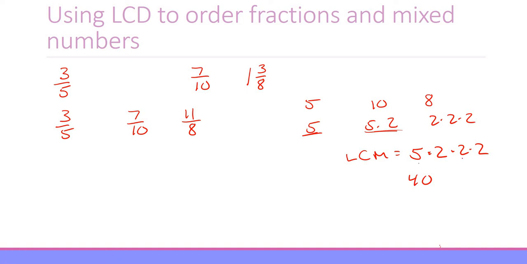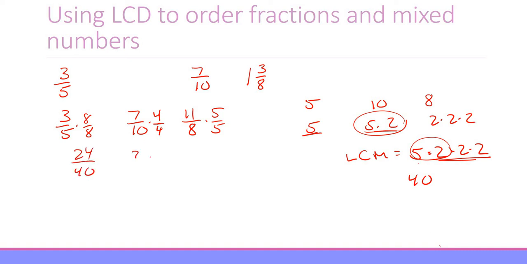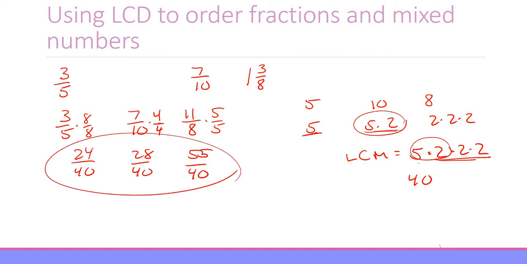I need to multiply 5 by 8, 10 by 4, and 8 times 5. So 3 times 8 is 24 over 40. 7 times 4 is 28 over 40. And this one is 55 over 40. And now I can tell which one is the smallest and which is the largest because I compare the numerators when the denominators are the same. That's it for right now.